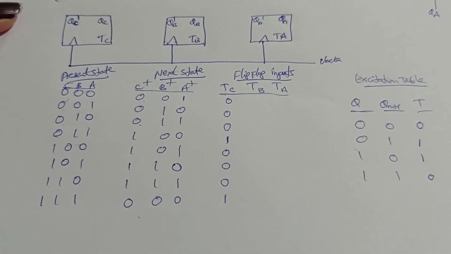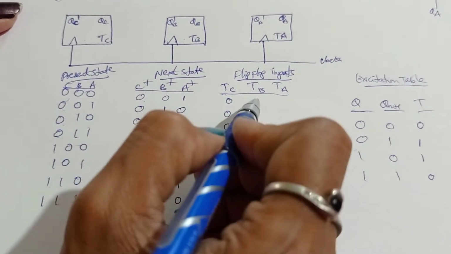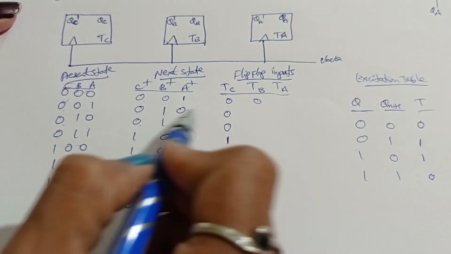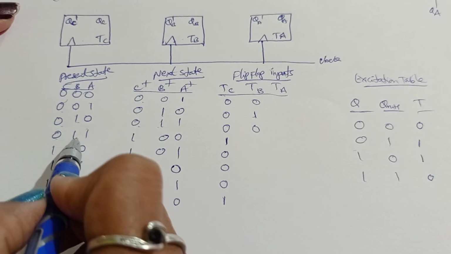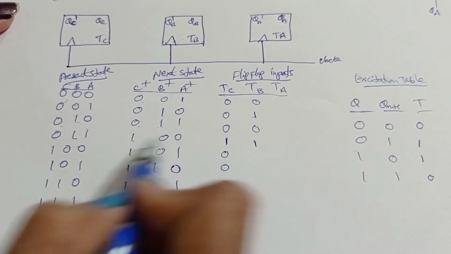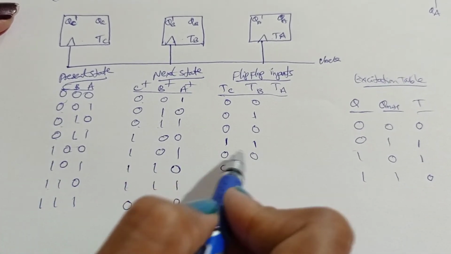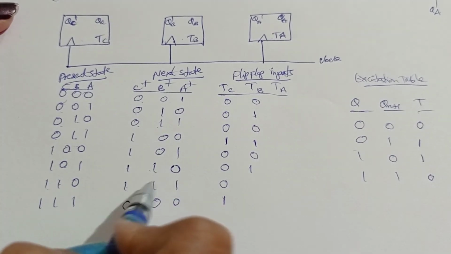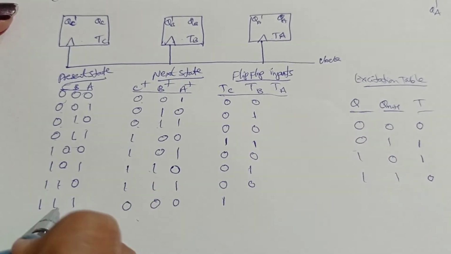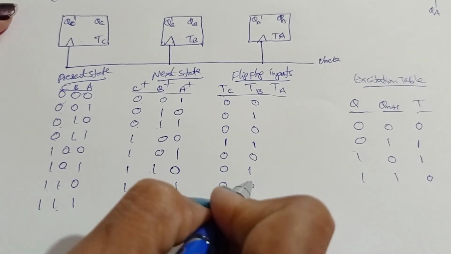Now we'll see TB. 0 0, same, 0. 0 1, different, 1. 1 1, same. 1 0, different. 0 0, same. 0 1, different. 1 1, same. 1 0, different.